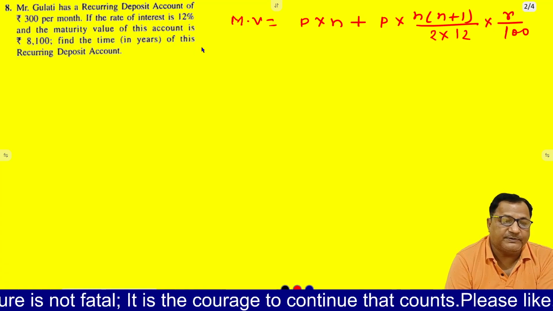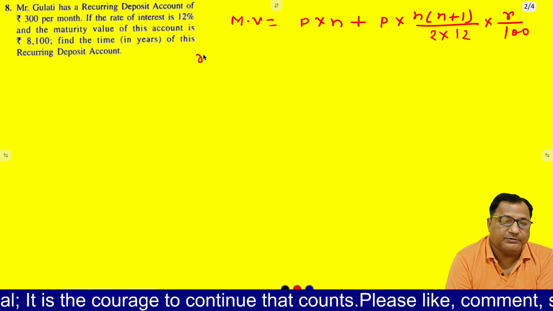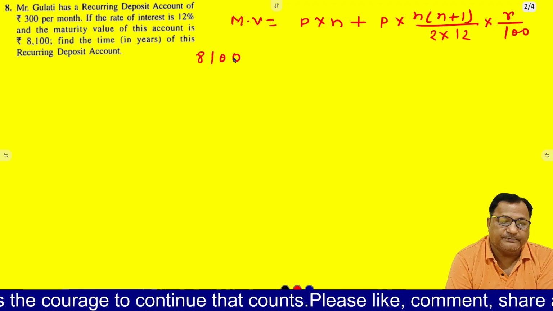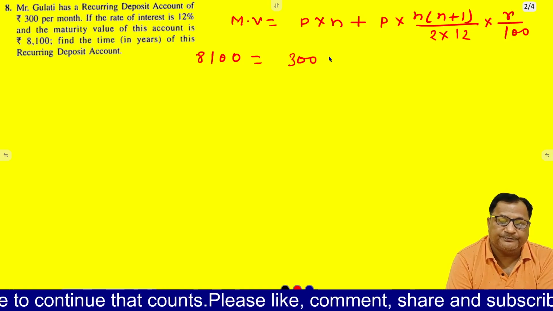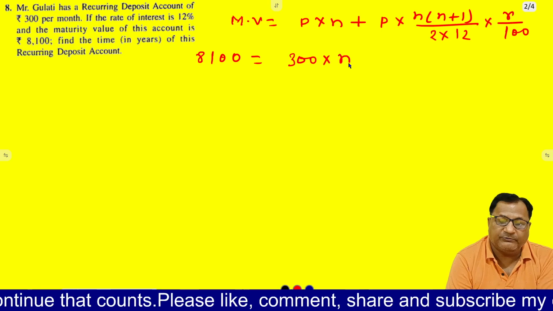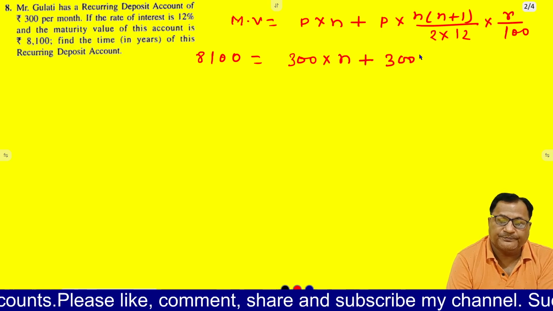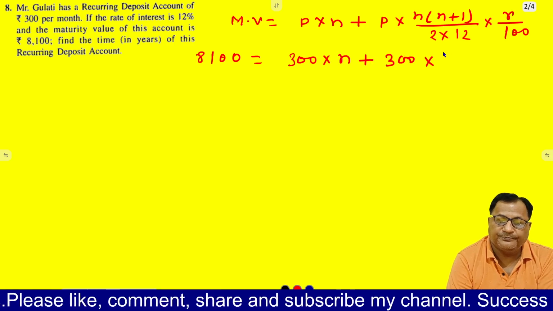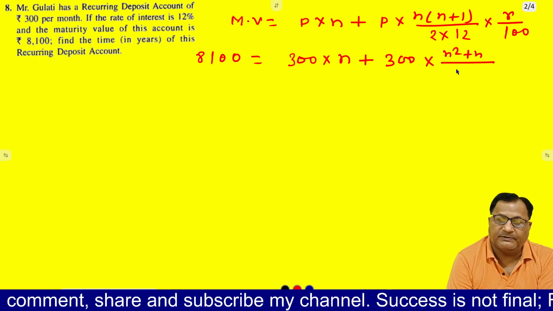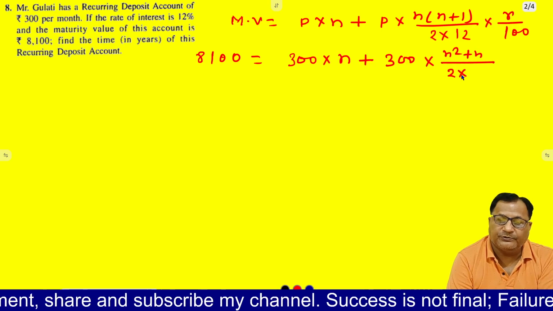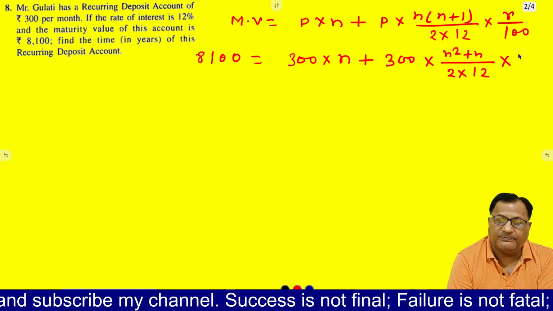The maturity value is given: 8,100 equal to P is 300 into N, we have to find out, plus 300 into N square plus N divided by 2 into 12. The rate is given 12%.